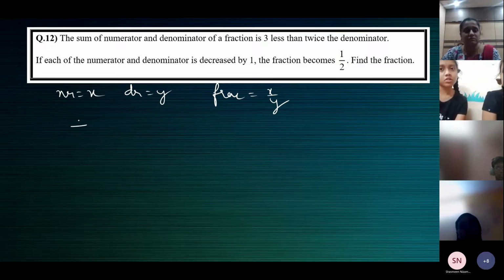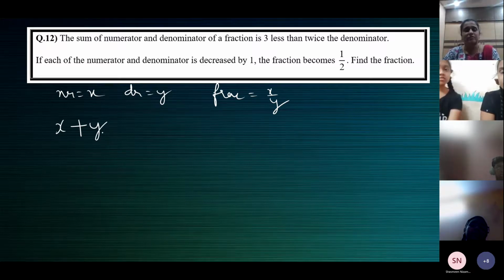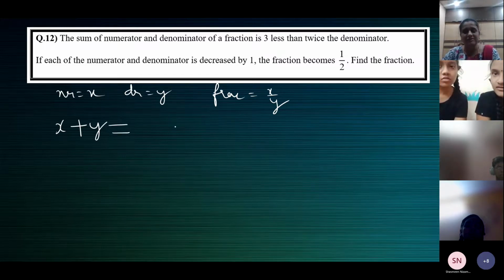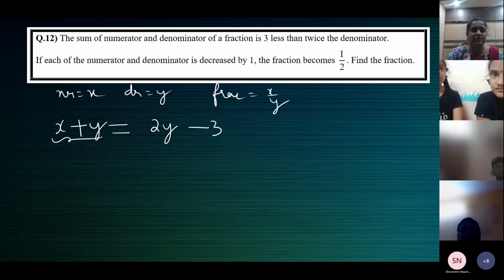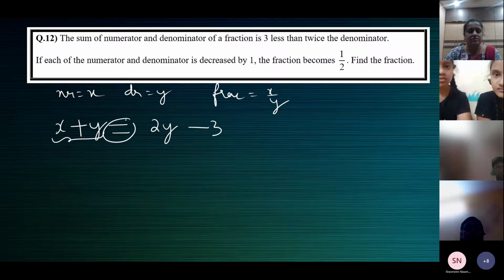Sum means add. Numerator is x, denominator is y, so x plus y. The sum of the numerator and denominator is 3 less than twice the denominator.